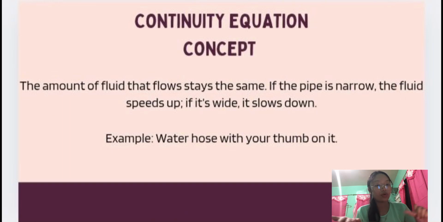But when you remove your thumb from the hose, the water goes back to normal, and the flow of water is slow.